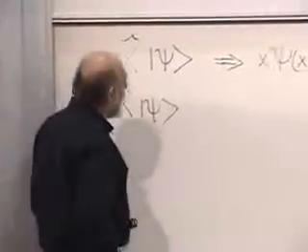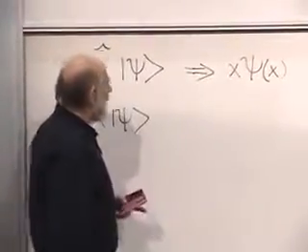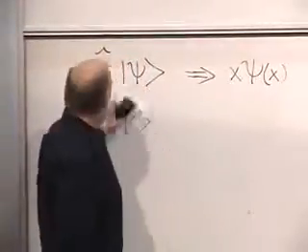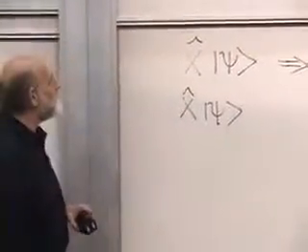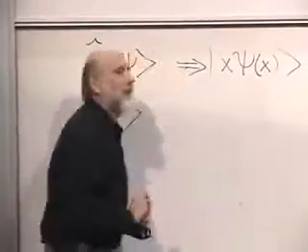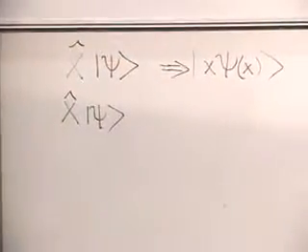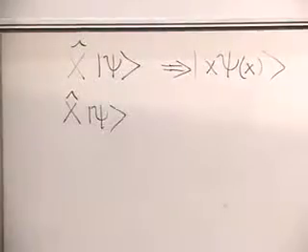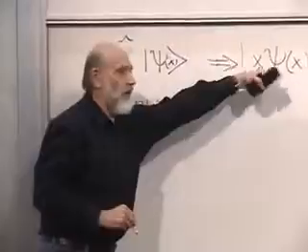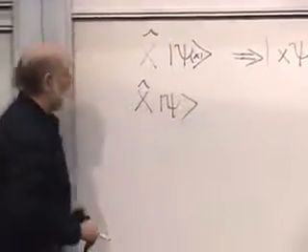Well, no. You can't multiply a ket by x. You can only multiply it by the operator x. Oh, good. Yes, you could do that. Thank you. Yes, that would be legitimate. In other words, it's the ket vector whose representation is x times psi of x, instead of psi of x. Yes, that's fine.